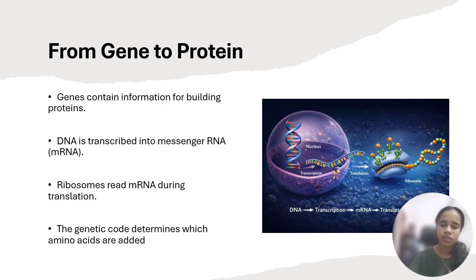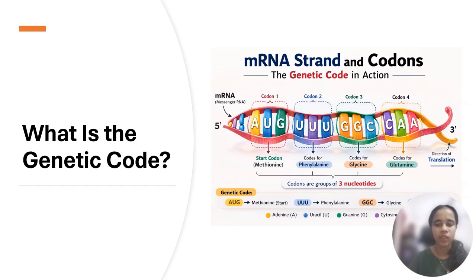Okay. Now let's discuss what exactly the genetic code is. A genetic code is a set of rules that tells the cells how to read the sequence of bases in mRNA. These bases are read in groups of 3 called codons. Each codon corresponds to a specific amino acid. For example, as you see in this figure, AUG together is one codon, and it signals the start of protein synthesis and it codes for the amino acid methionine.